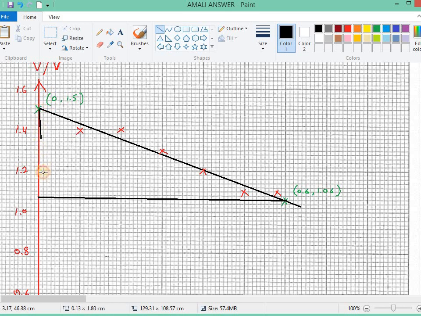Okay, and then another one here. Okay, get the idea. So you draw a triangle like this to show that this point and this point are the points that you choose to calculate your gradient.